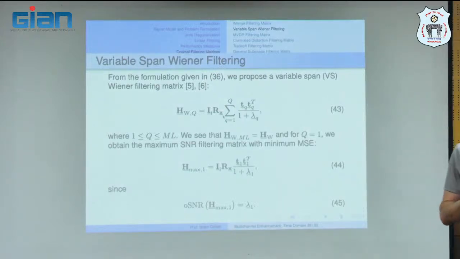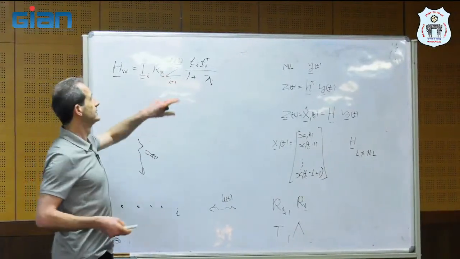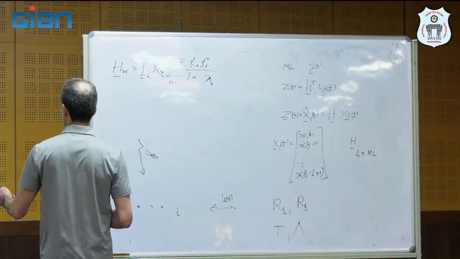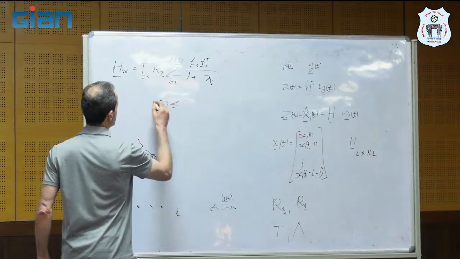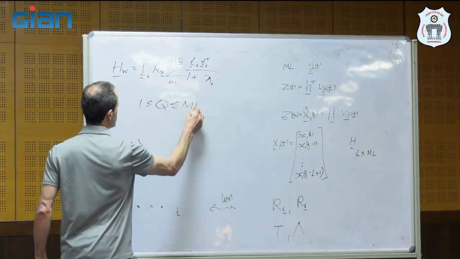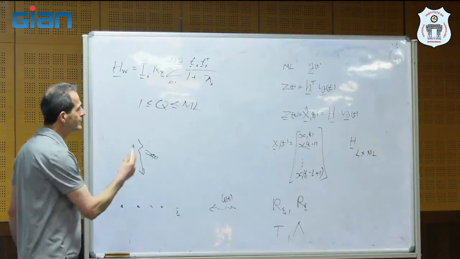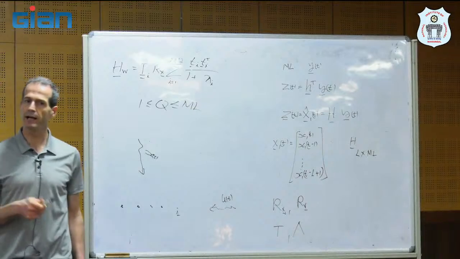When I get such an expression, I can ask myself, what if instead of this summation over all the generalized eigenvectors from 1 to ml, I take fewer in the summation, from 1 to Q, where Q is between 1 and ml. If Q in the summation is ml, we get the Wiener filtering matrix. But what happens if I reduce Q? What do you think? What will happen?